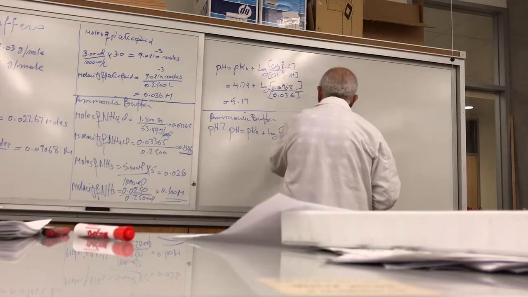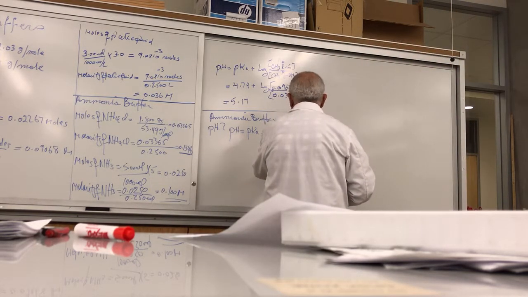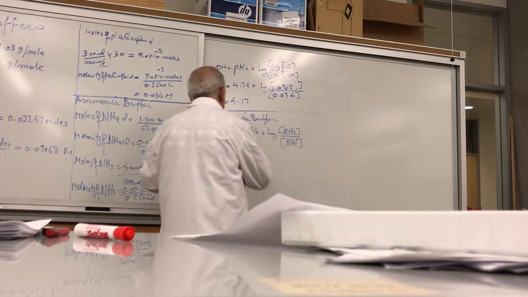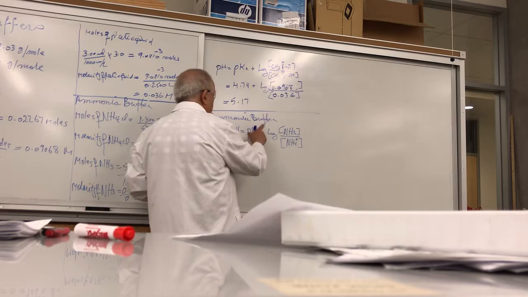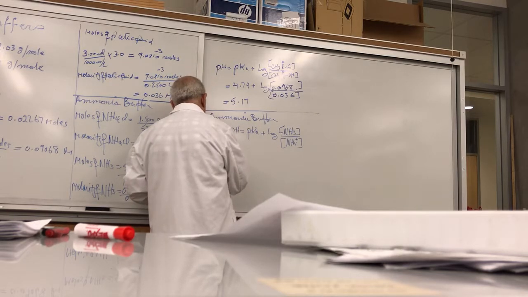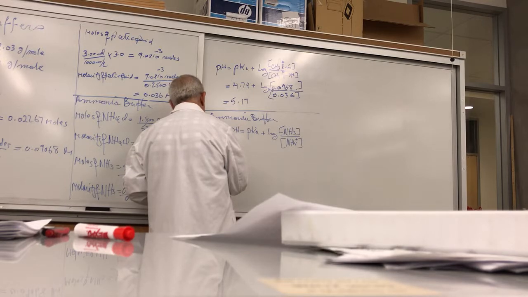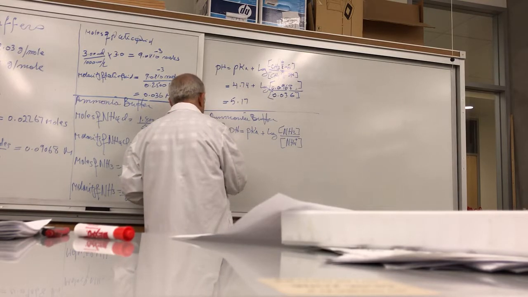Ammonium comes from the ammonium chloride, so that's the NH4 plus, and the conjugate. We already find the concentration of ammonium chloride here, the molarity of ammonium chloride. Now here's the only thing, what they give us, given in the book, is Kb.